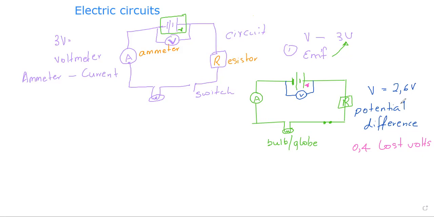That is, we get from 3 volts minus 2.6, we remain with 0.4 volts.